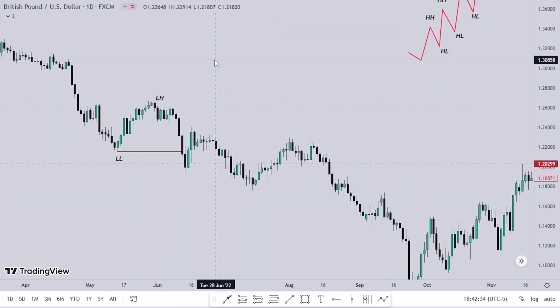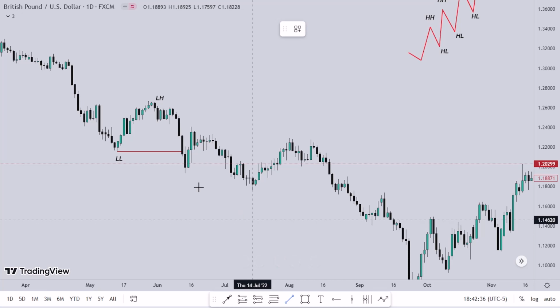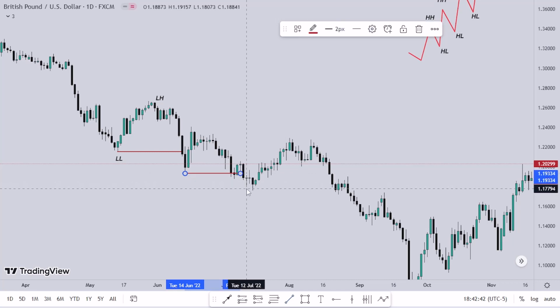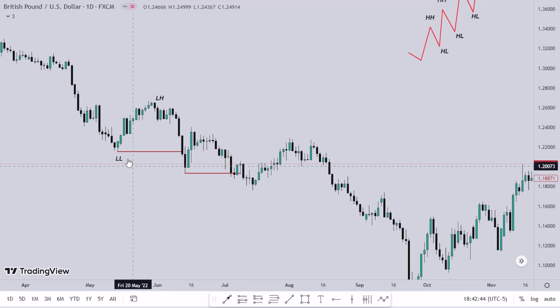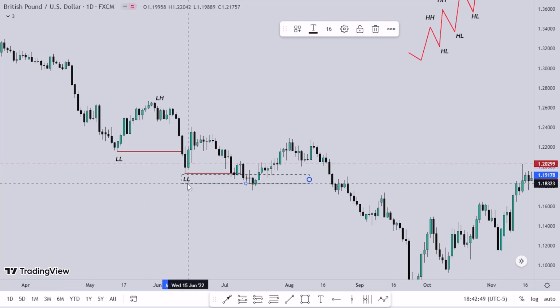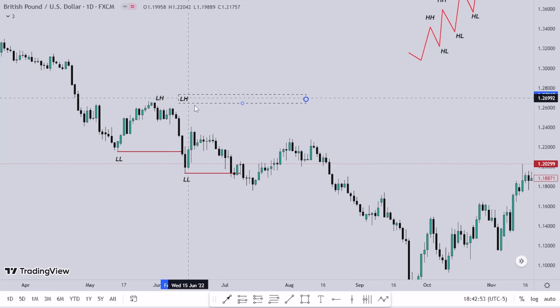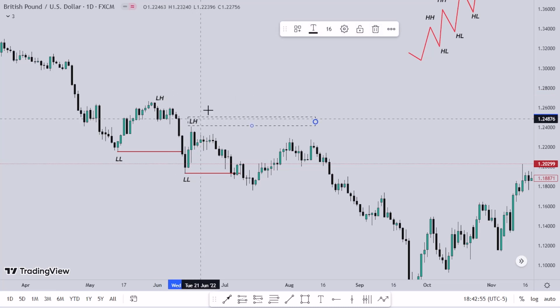Then at this point we pull back and then we break structure again from here, making another lower low, as simple as that, and then another lower high. So you can see that the highs are being protected and the lows are being broken sustainably.